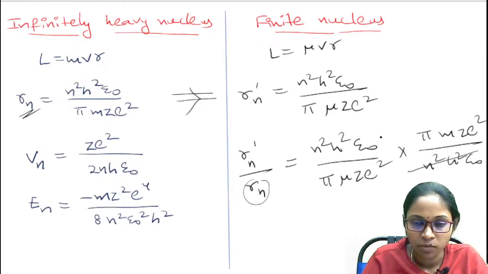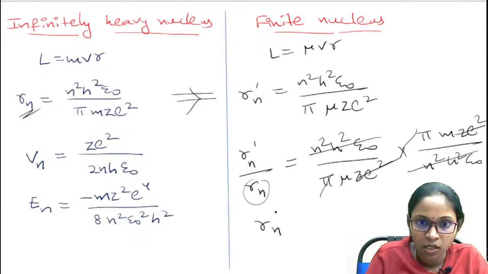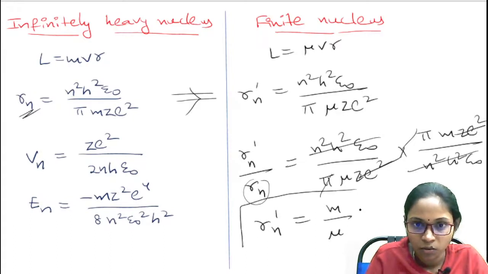So n square h square epsilon naught get cancelled, pi cancelled, z e square cancel. Therefore this Rn prime will be equal to small m by mu into Rn.